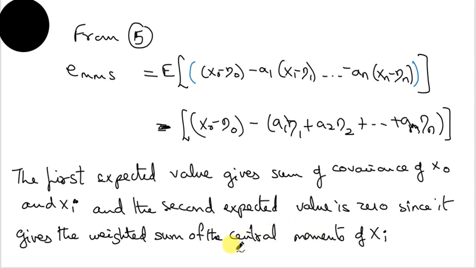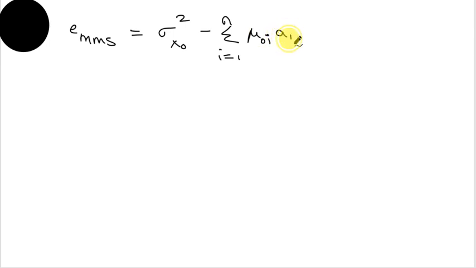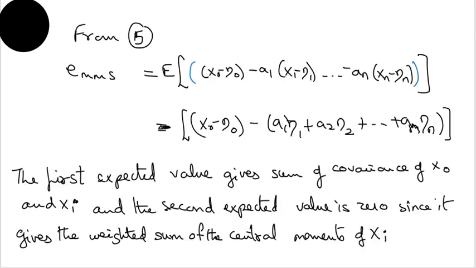So E of xi minus eta i, which are 0 by the definition. Hence my EMMS is now reducing to sigma x naught squared minus summation i equal to 1 to n mu 0i into our ai's. So this is the final result which we are getting from here.